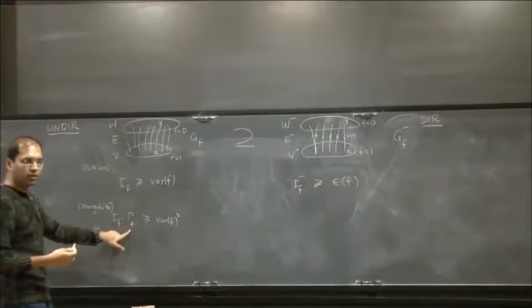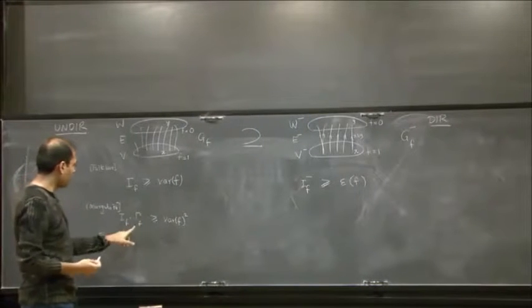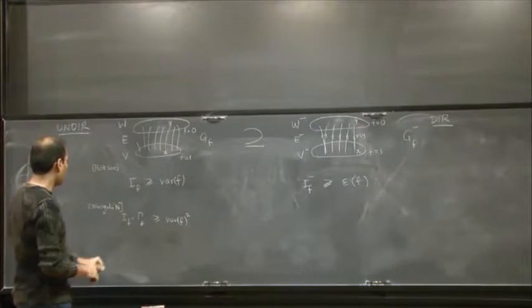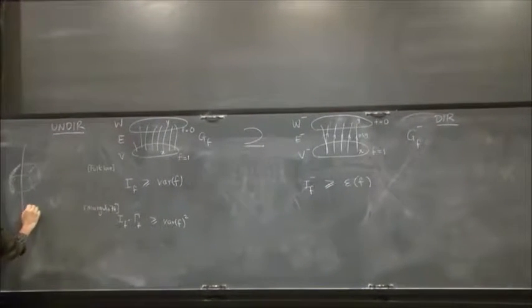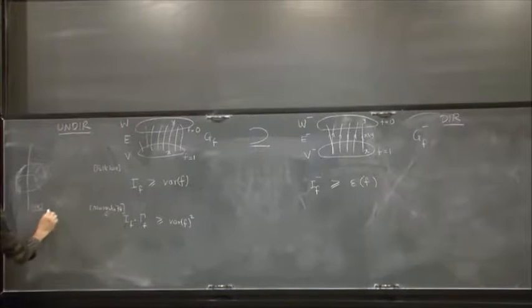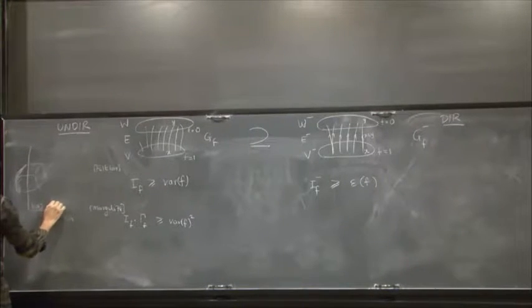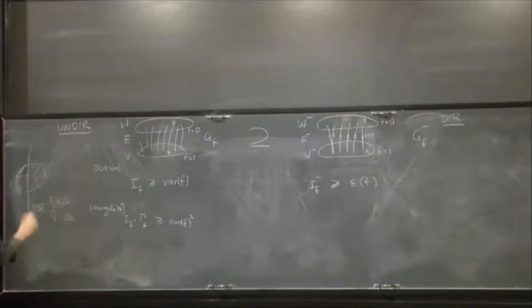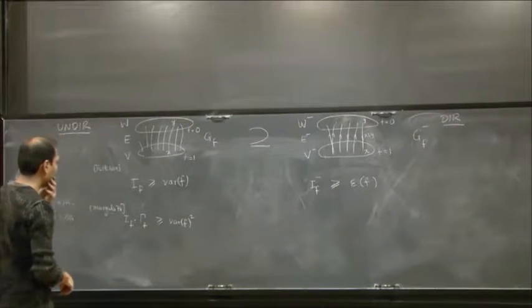So the vertex boundary is also constant, and a constant times a constant is at least a constant. On the other hand, for the majority function, the vertex boundary is 1 over root n, because it will be exactly the middle layer. But the total influence happens to be root n, and the product is still a constant. So that's the Margulis inequality.